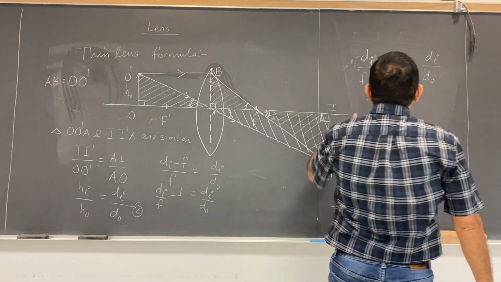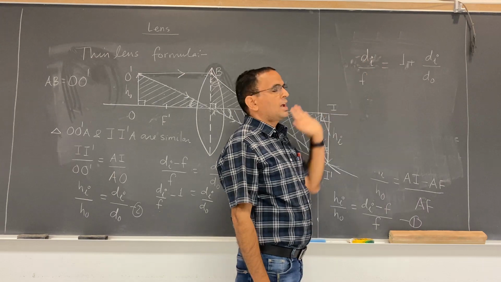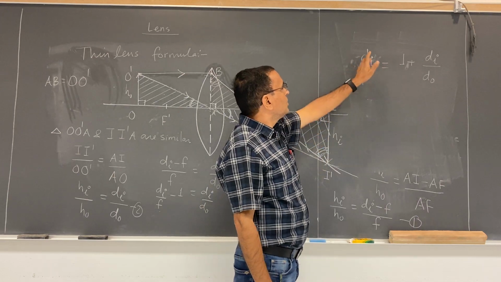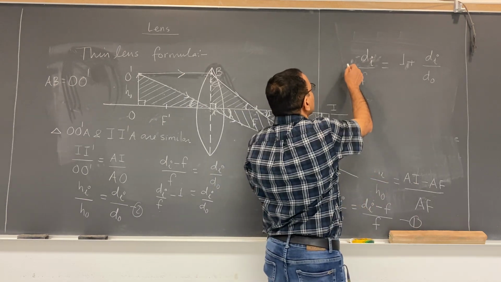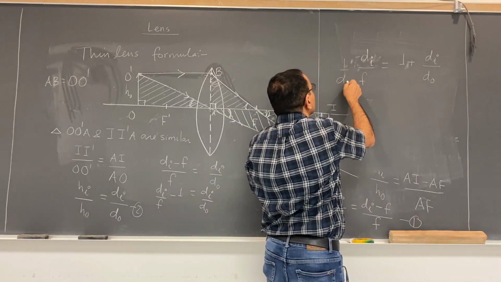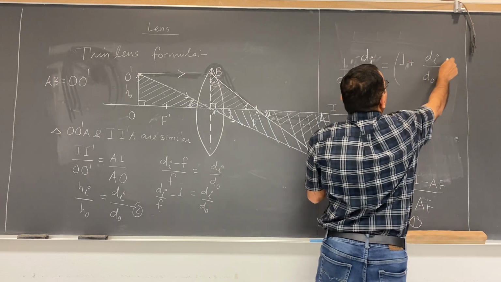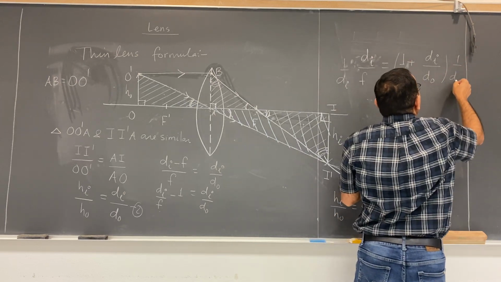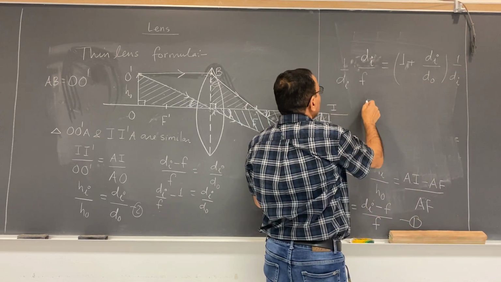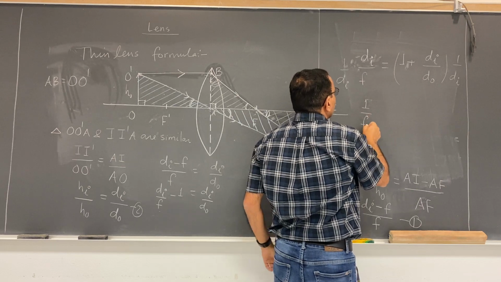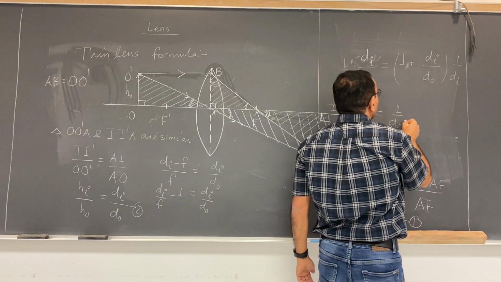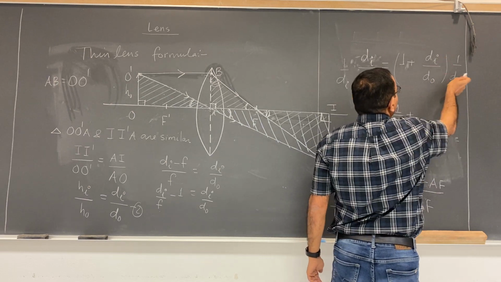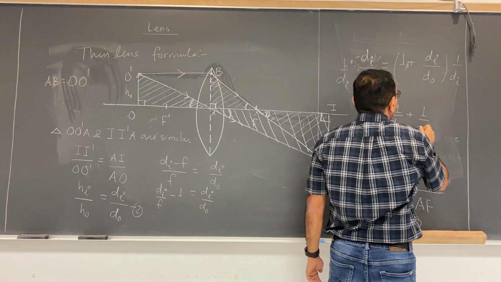So if you divide by di on both sides, what happens? You get 1 over f equal to 1 over di plus di cancels out, so you get 1 over do.